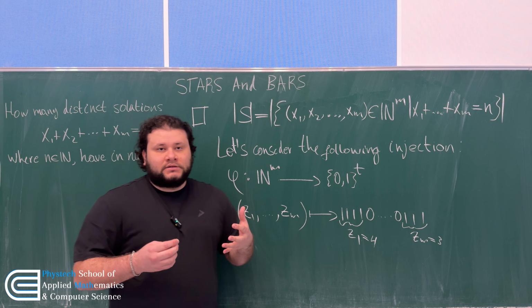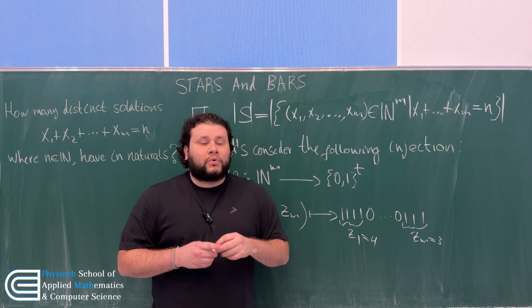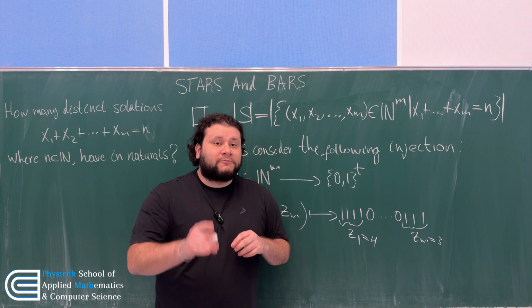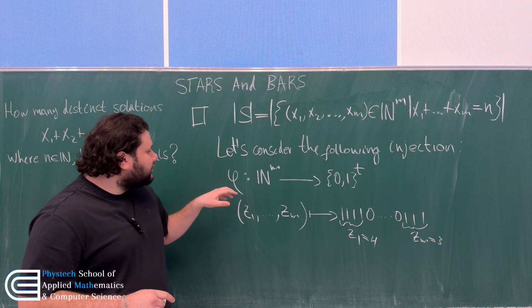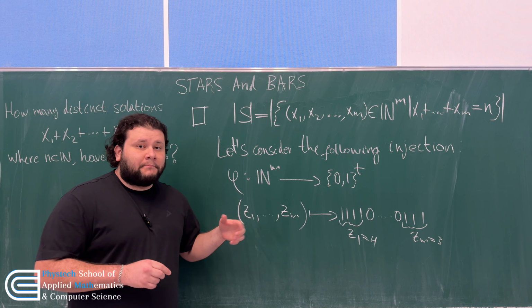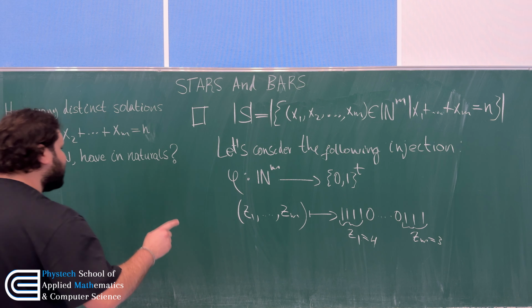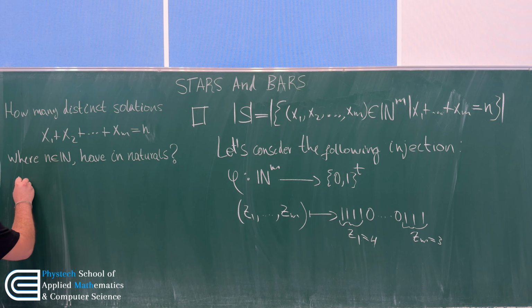And how is that? This is really simple because we are going to use what we already know from combinatorics. But before that, let me see what this phi in here is. We are looking for the image of phi. So let me write the image of phi in here.